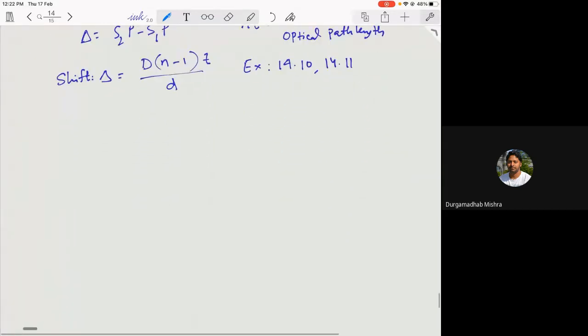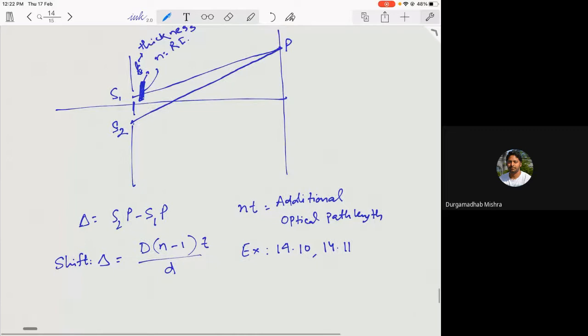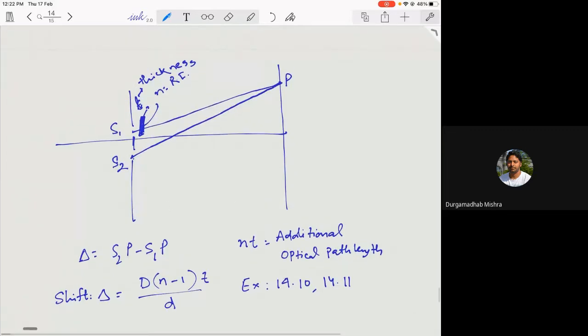Okay. So when we are discussing this interference pattern, one thing you should remember is that what we need to calculate is the path difference between the two waves they are traveling.